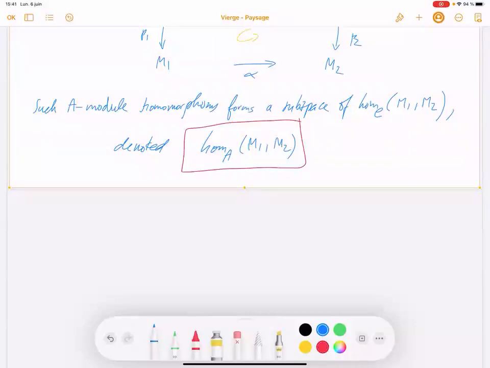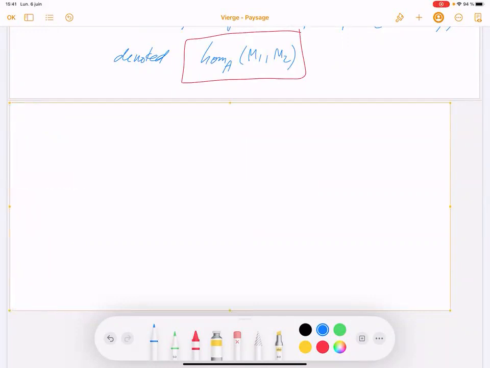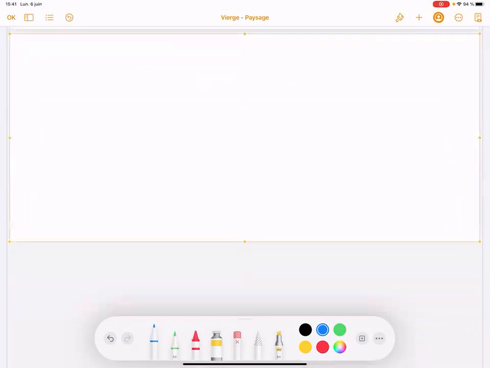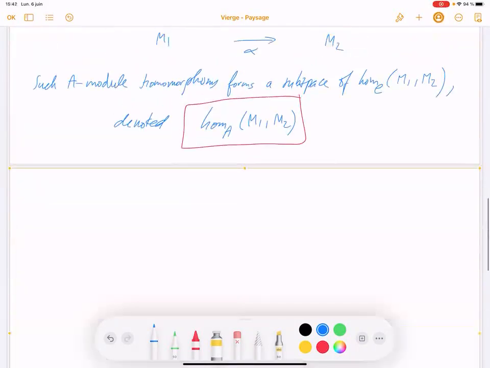Now you will see that if you take the A-modules as objects and the A-module homomorphisms as morphisms, we get a category. We need to observe that the composition of two A-module homomorphisms is a module homomorphism, so we really have a category here.